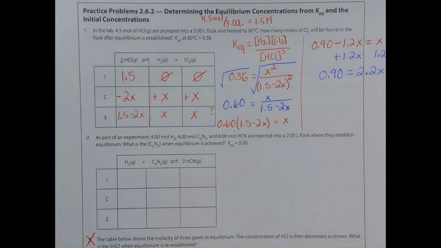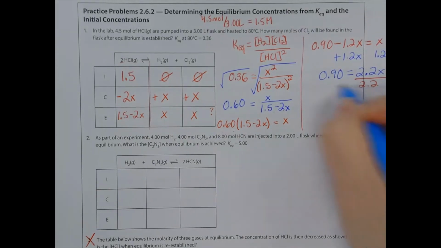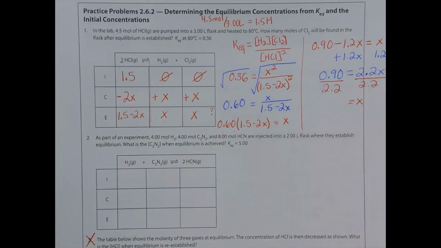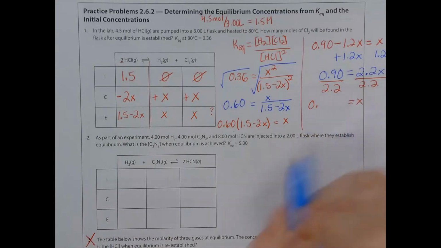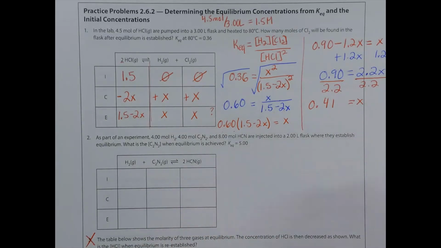And then we want to isolate our x, so we divide by 2.2 on both sides. And we get that x is 0.9 divided by 2.2. We get quite a long number in our calculator, but we've got 2 sig figs, 0.41 is going to be our x value.